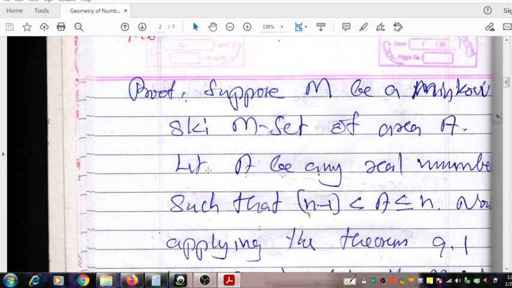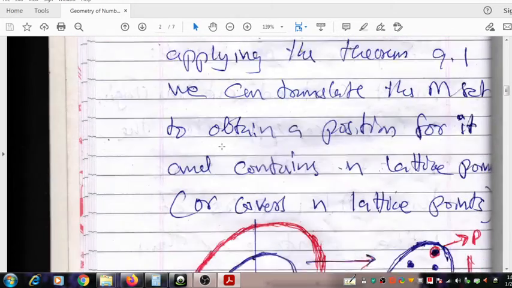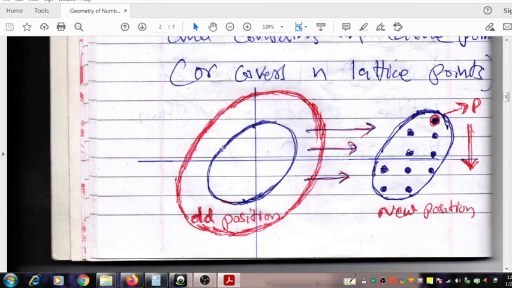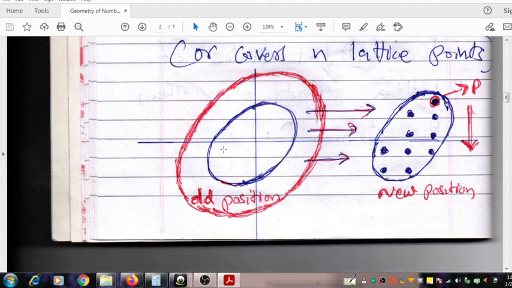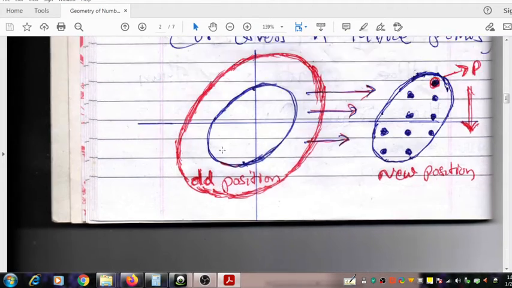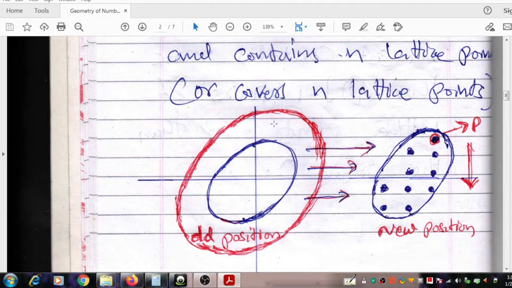How these M sets are related can be understood only by referring to a figure. So we are going to explain it further using a figure. See the figure. In this figure you can see the M set.